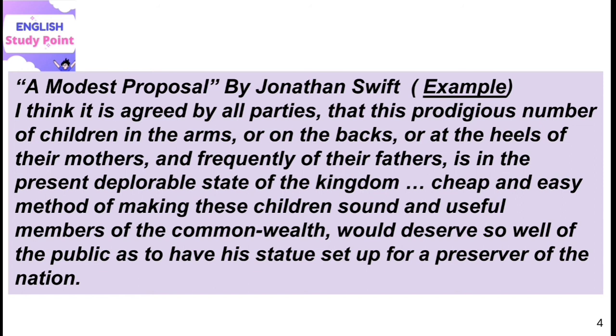Swift suggests that they purchase Irish children and eat them. So here Swift uses reductio ad absurdum to describe children's living conditions and also to highlight how horrible their situation is, and pushes this up to a great extreme. So this work is considered a great example of reductio ad absurdum.